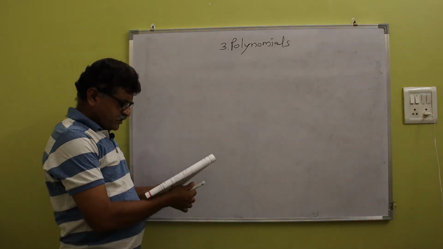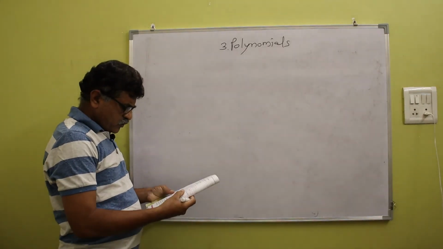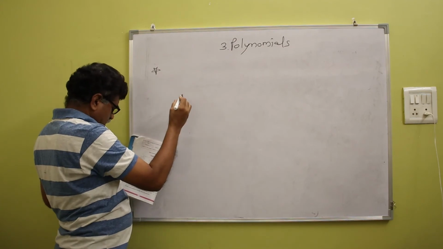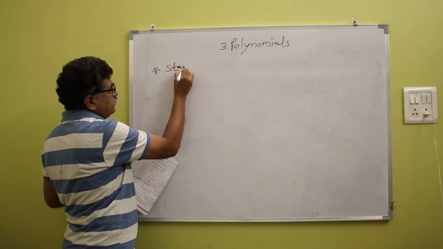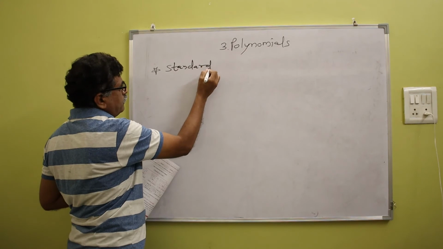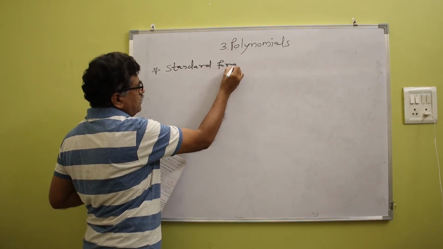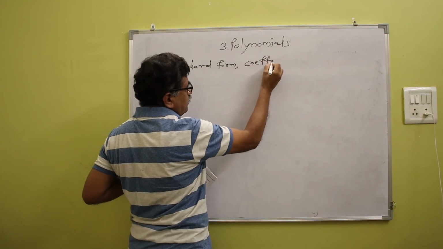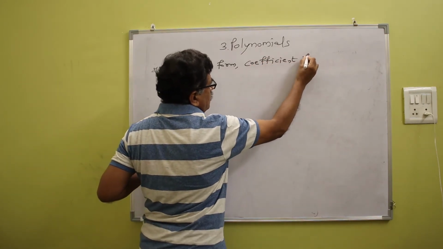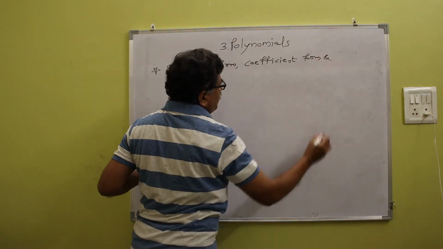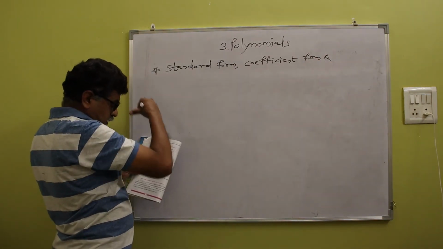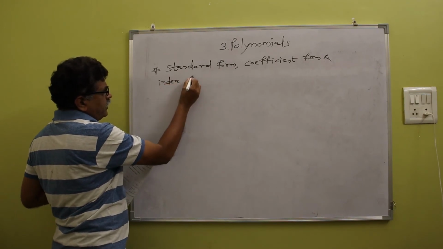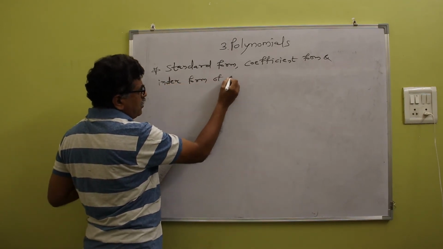Now next point, standard form, coefficient form and index form of a polynomial.